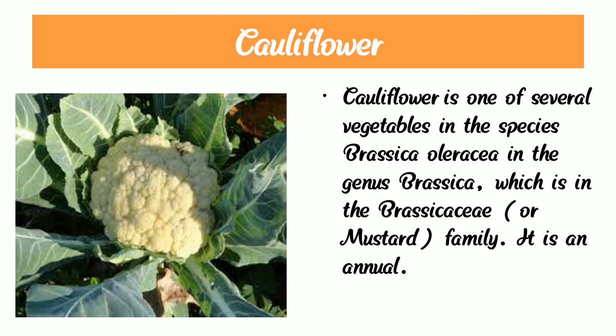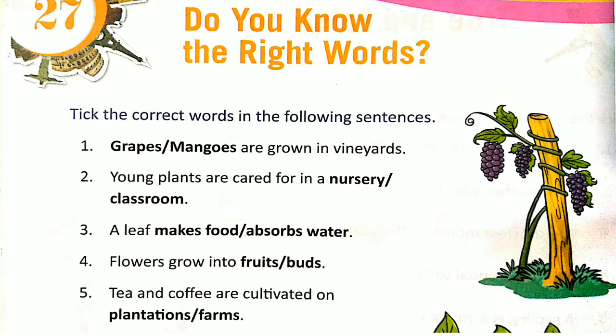So children, in today's lecture we learn about the different types of plants and about nature. Now we are going to do an exercise on it. So children, you all write this exercise with me. Unit number 27. Do you know the right words?